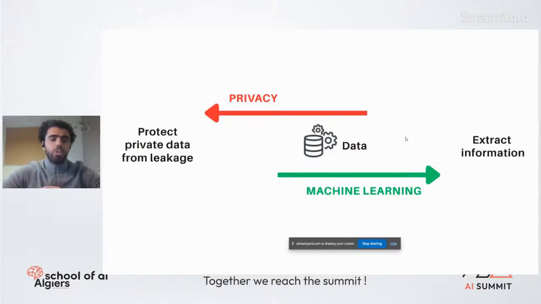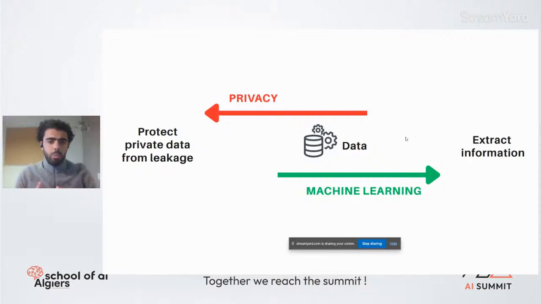So at first, intuitively, machine learning, as we know, has as a goal extracting information from data. So the goal of machine learning is to take data, try to model it, and try to get information from it. While privacy, on the other hand, pulls in the opposite direction, which is protecting the private data from leakage. So how can we combine the two?